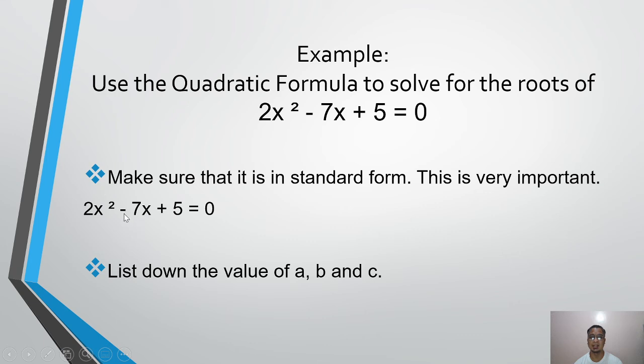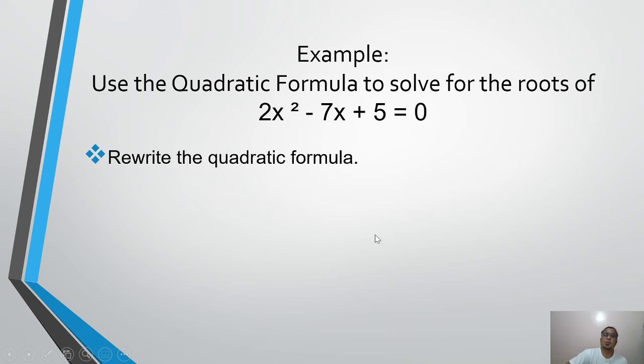In this case, negative 7. Nga pala, kasama yung sign. Okay? And then, ang value ng C ay yung walang variable, which will give us positive 5. So, if we will be having this one, ito yung mga value natin. Let's check. 2, negative 7, and then 5. Okay, move tayo.